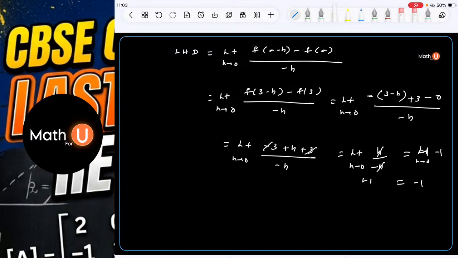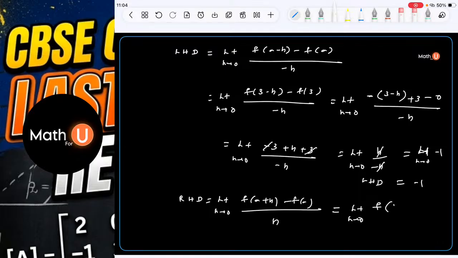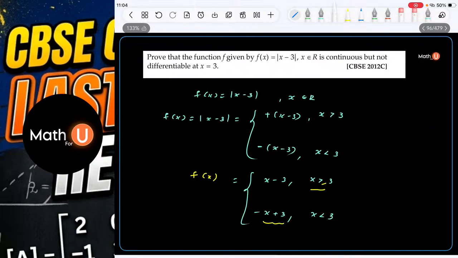This is LHD. Similarly, find RHD, that is equal to limit h tends to 0, f of a plus h minus f of a by h. Okay, limit h tends to 0, what is the function? The same. At the point we are checking, limit h tends to 0, f of 3 plus h.